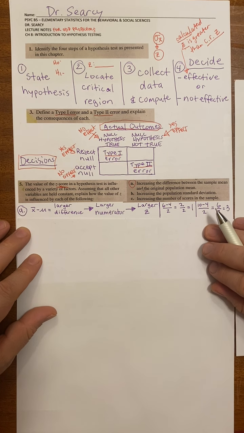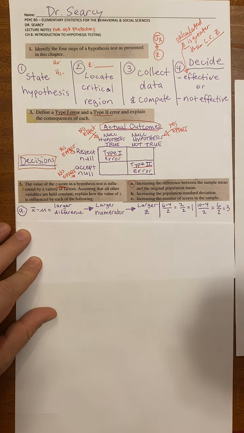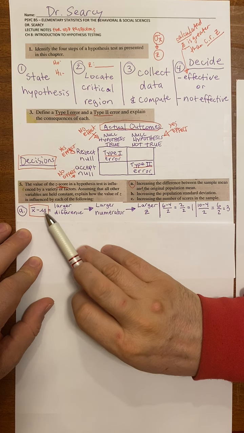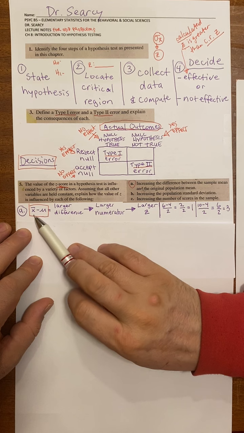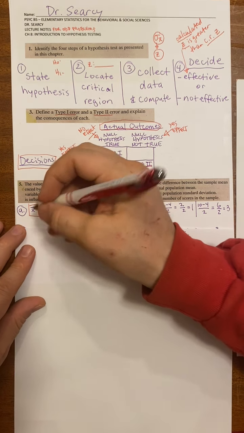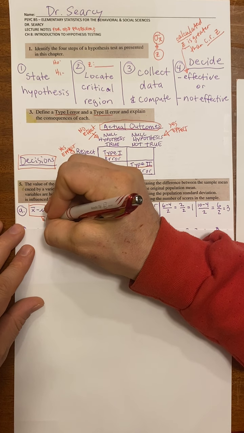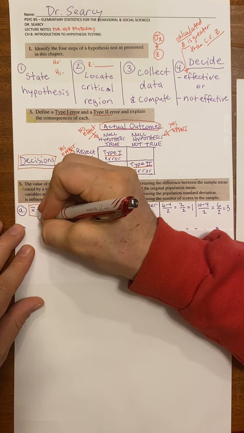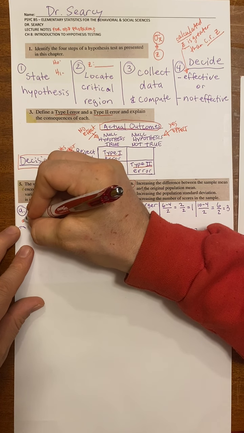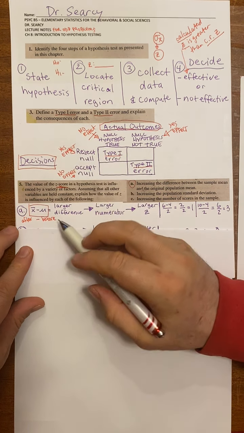What they're saying is you are looking at this difference, right? So the population and the sample. In this case, it could be that before score and the difference between it and the after score, right?